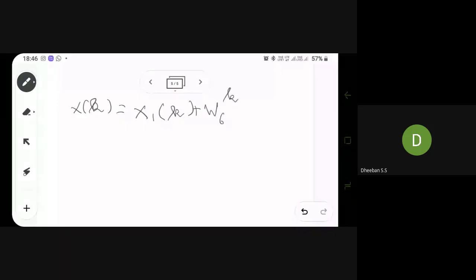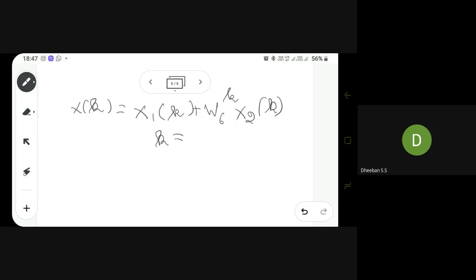So here your k will be taking the value, what value does it take?